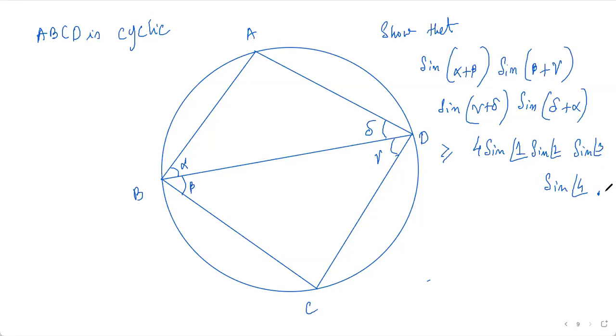They're all multiplied on the left hand side, and on the right hand side also, all the sines are multiplied.